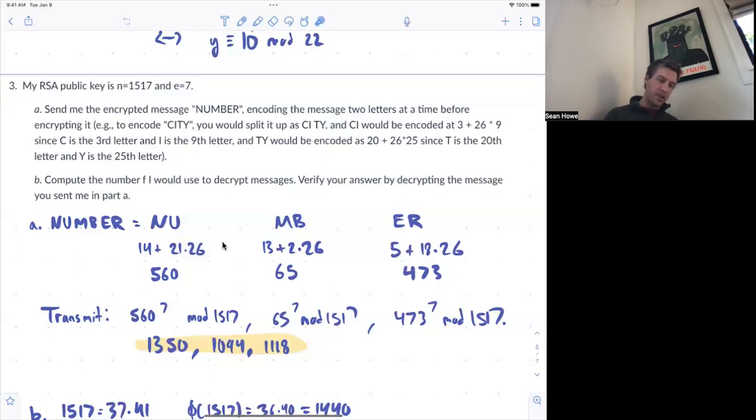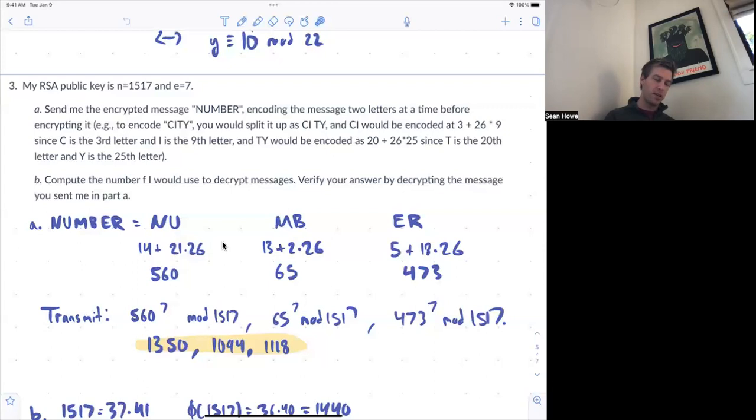Good. So we have NU, MB, ER. We translate those into numbers. And then to encrypt it, I take that number I get, and I'm going to make 3 transmissions. To send this message, I have to transmit 3 different numbers, encrypting each of these.